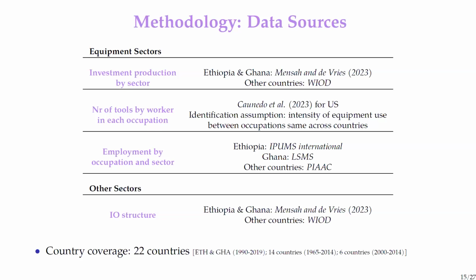Then, as I explained before, the number of tools per worker in each occupation is sourced from the estimation by Caunedo's paper and co-authors, where they estimate the number of tools that each occupation uses on the job. And here the identification assumption is that the intensity of equipment used by occupations is the same across countries.